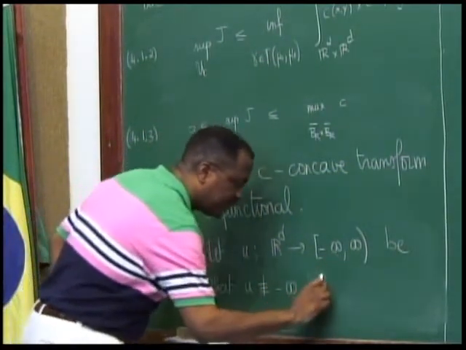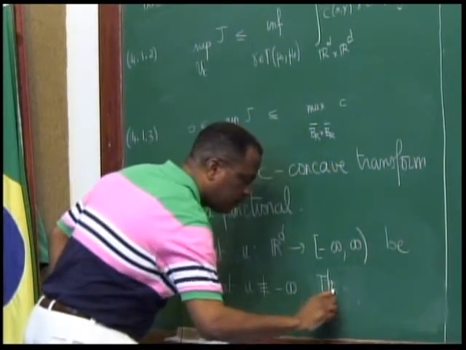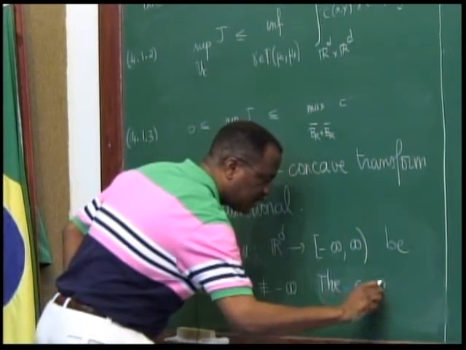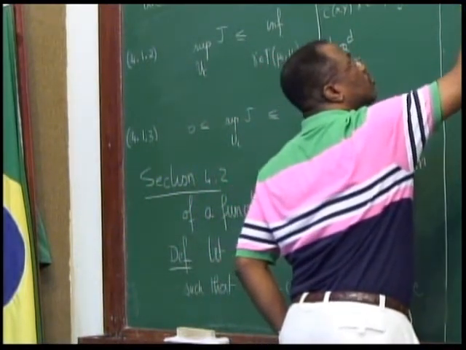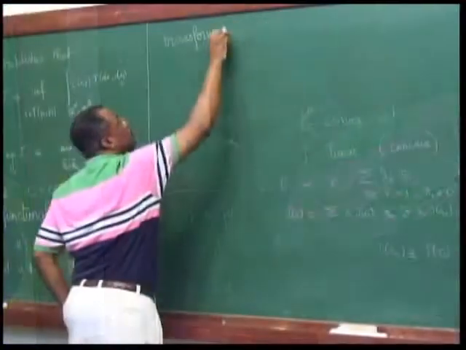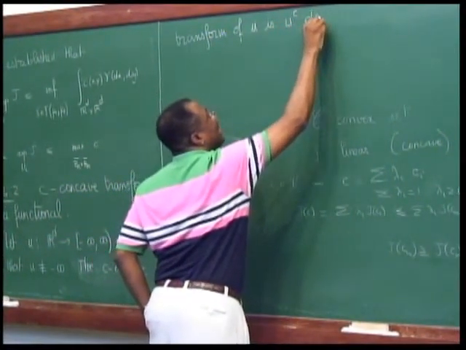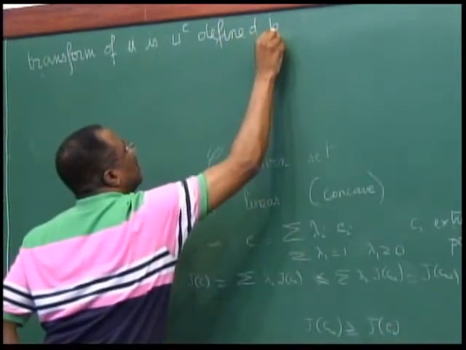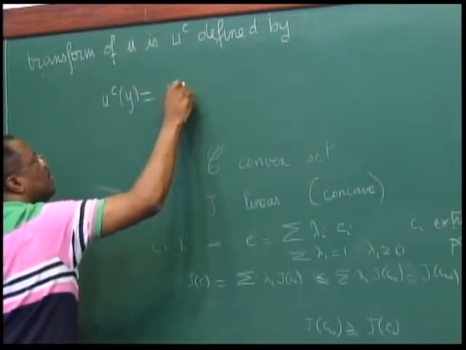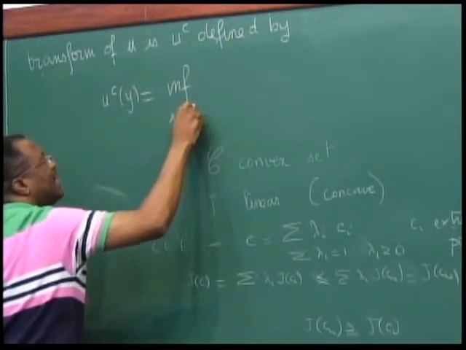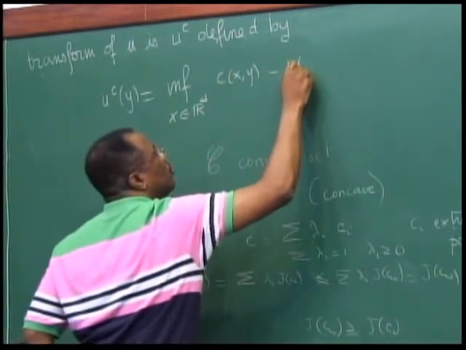We define the C-concave transform of u, which is uc, defined by uc of y is the infimum over x in Rd of c(x,y) minus u of x.